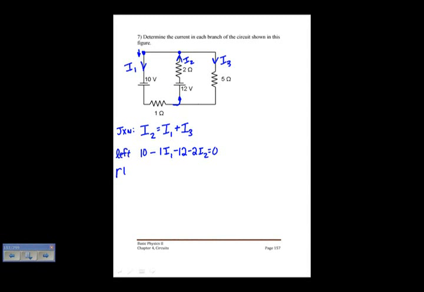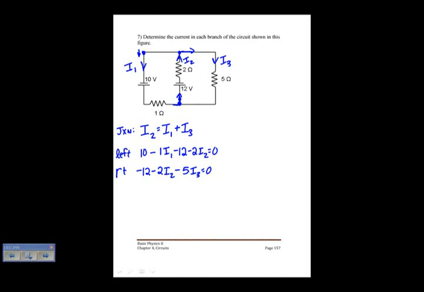And then I'm going to solve the right loop. I will start here and go up in this direction. So that's minus 12, just like I did before, minus 2I2, and then coming along here, minus 5I3, is equal to 0. So now I have 3 equations.